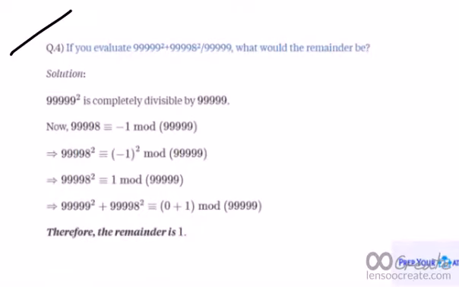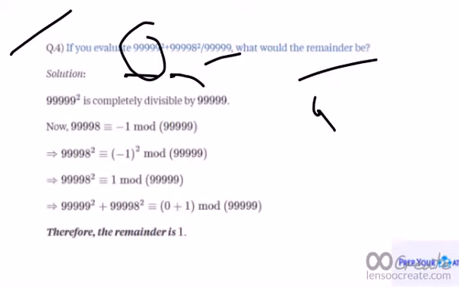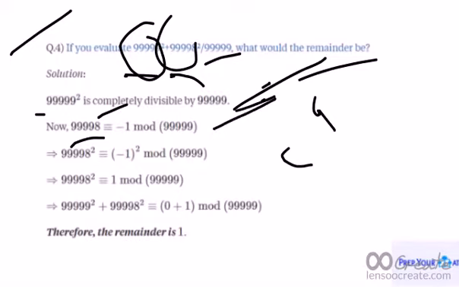Fourth question. If you evaluate 99999 minus 1 squared plus 498 squared, when it is divided by 99999, what would be the remainder? We know that this term is completely divisible by 99999 since it is a multiple of the given number. Therefore, this number is one short, so that when you add 1 to this number, it will be divisible by the given five nines.